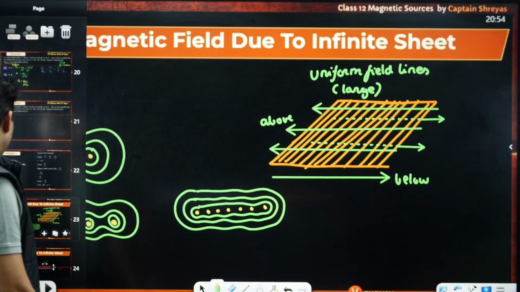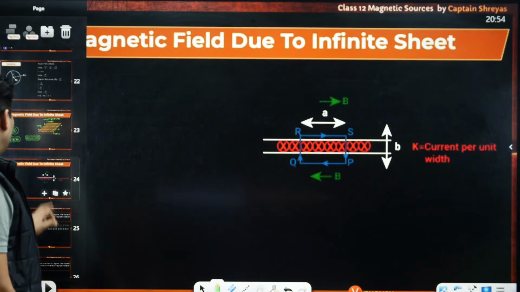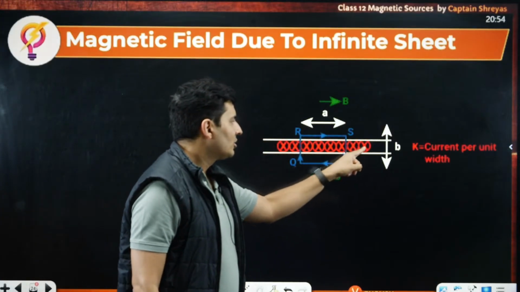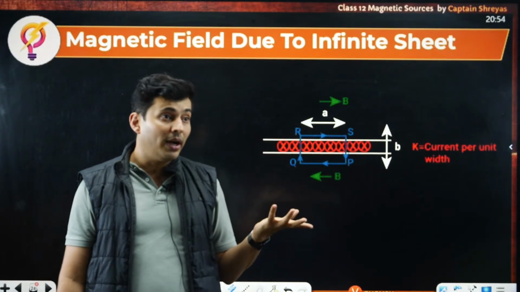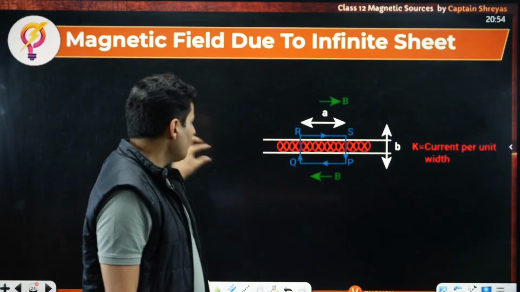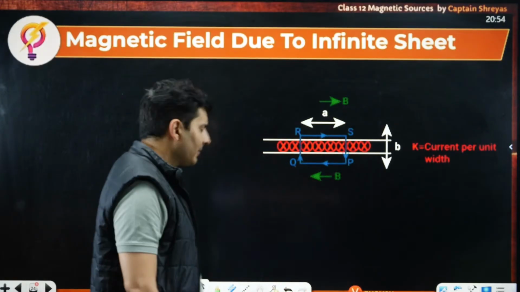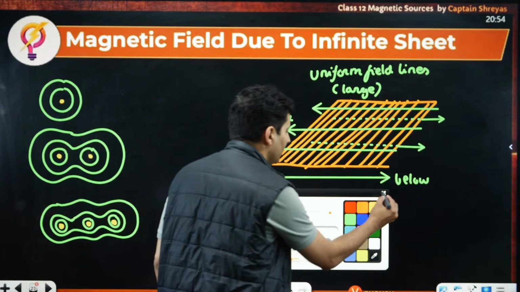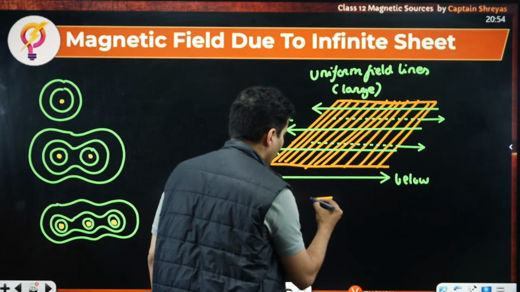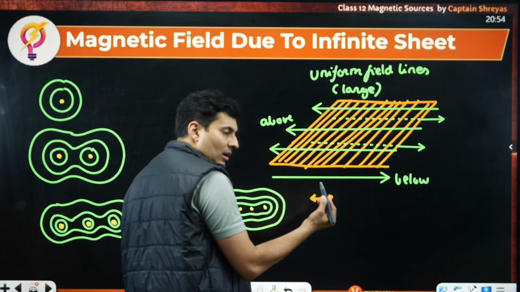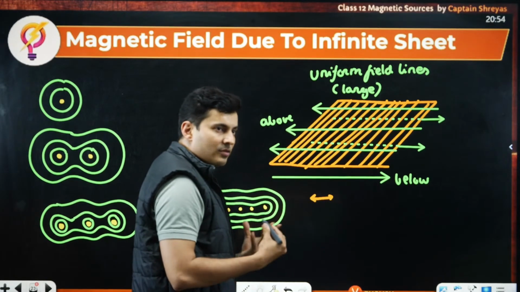How much will be the magnetic field, sir? Very easy to figure out. For that, take the cross section. Each of these crosses represents a current carrying wire. Many such wires are there. What you need in such cases is a quantity: if you go one unit length, how much current is flowing through it.